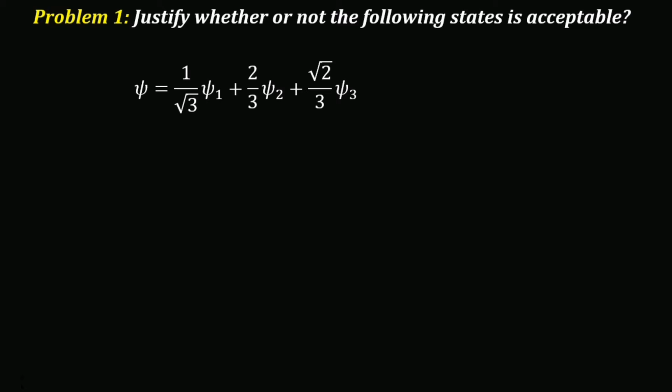When we compare, we can see that a1 is equal to 1 over square root of 3, a2 is equal to 2 over 3, and a3 is equal to square root of 2 divided by 3.